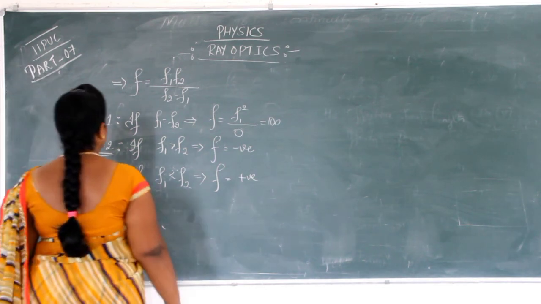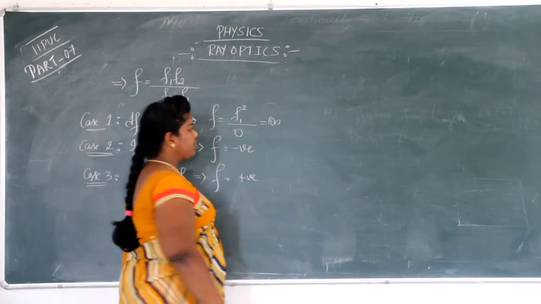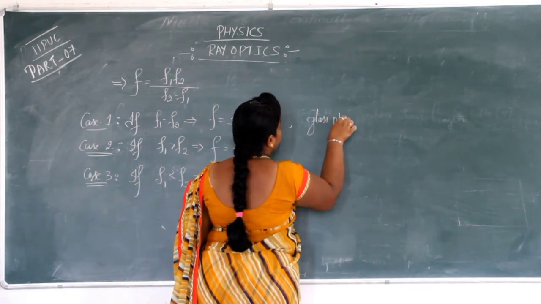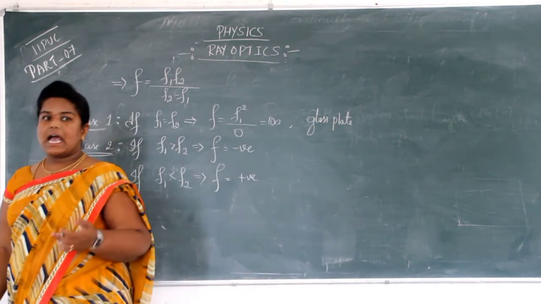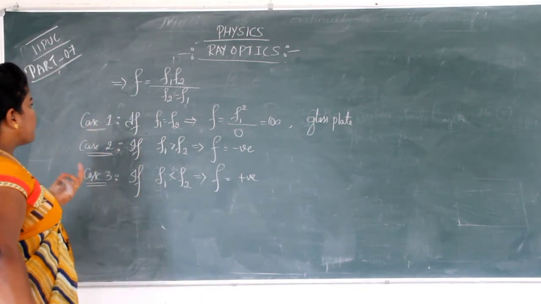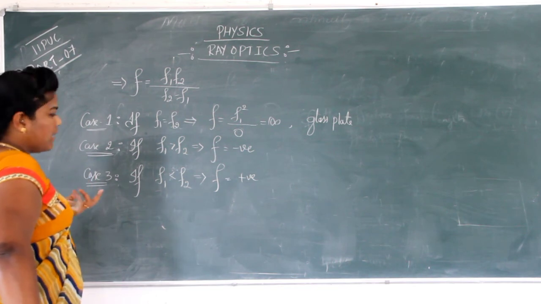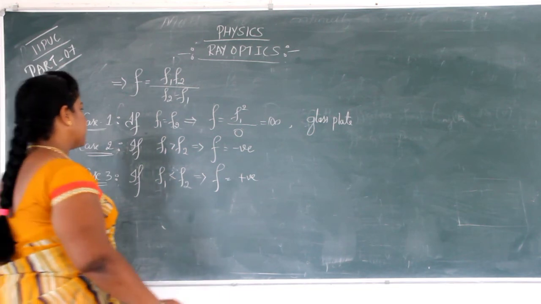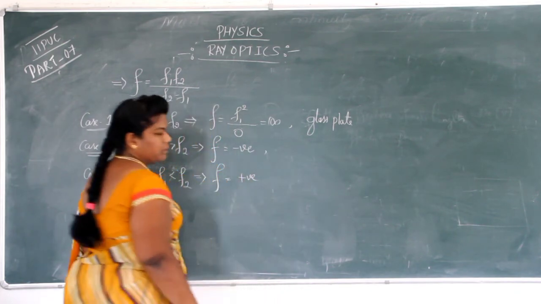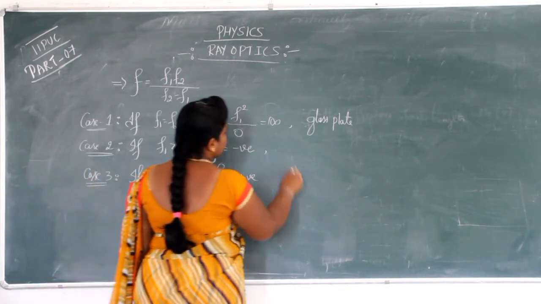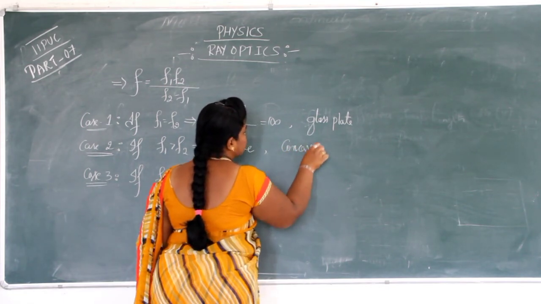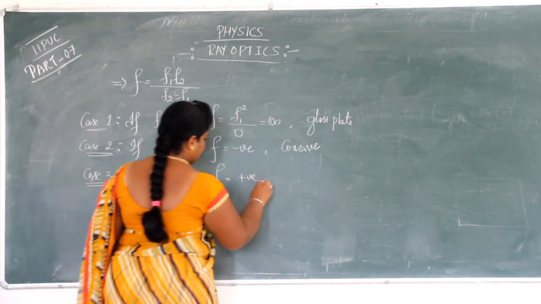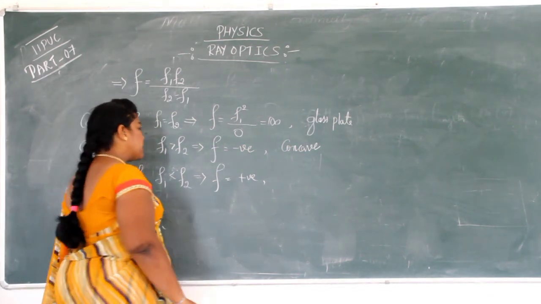My dear students, be very careful: if the effective focal length is infinity, then the combination of a convex and a concave lens acts as a glass plate, because the focal lengths of both lenses are the same. If the focal length is negative, the combination acts as a concave lens.